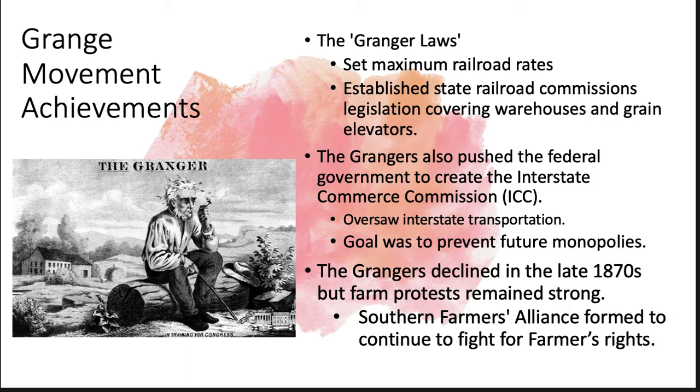Now, unfortunately, the end of this story isn't that great. The Grangers are going to decline in the late 1870s, but the farm protests are going to remain strong, and we'll see other groups come together like the Southern Farmers Alliance, who continue to fight for farmers' rights. But the purpose of looking at this Grange movement, at the terrible conditions that these farmers had to go through, is to show that when a group of people come together and demand reform, they can get it.